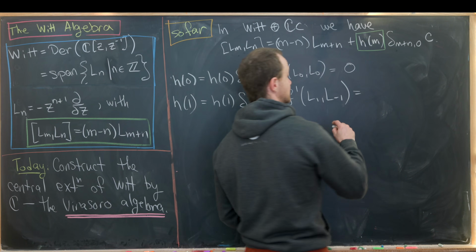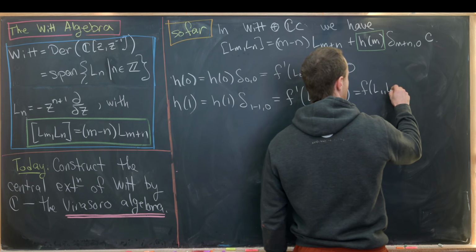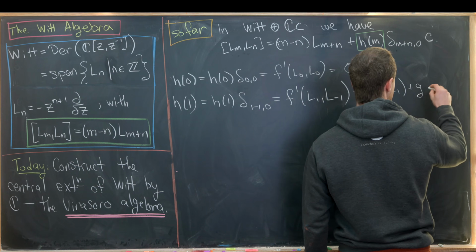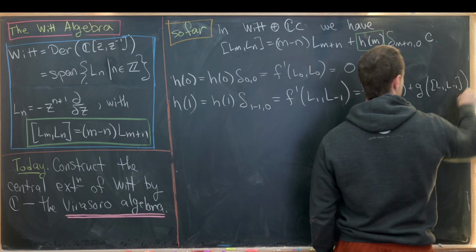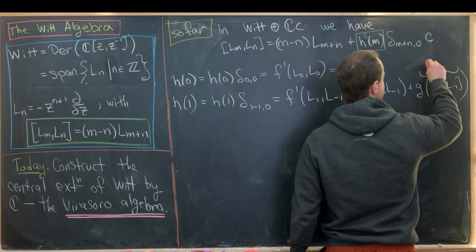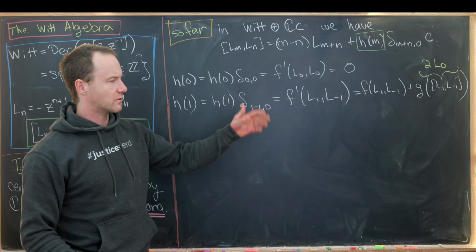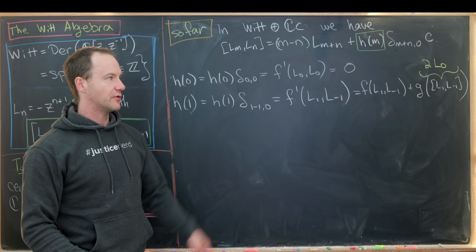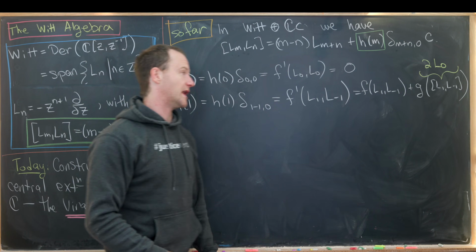But back in terms even further, that's the same thing as f of L1, L minus 1 plus g of the bracket of L1 with L minus 1. But now let's recall, by the commutation relation over here, we know that this is equal to 2L0. But then if you recall, g evaluated at L0 gave us this minus half f of L1, L minus 1.